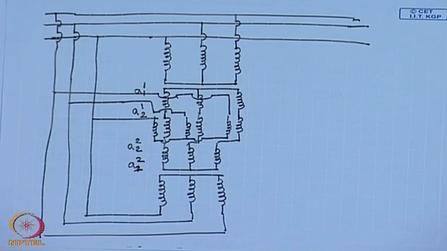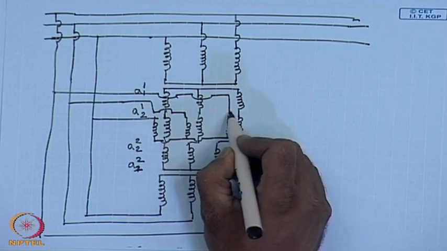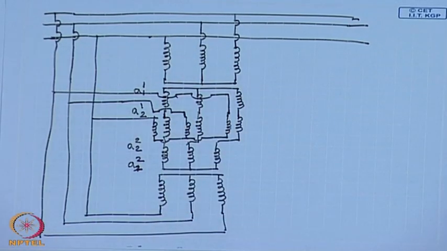This is how it will not be a variac anymore, it has to be supplied from a separate 3-winding auxiliary transformer.